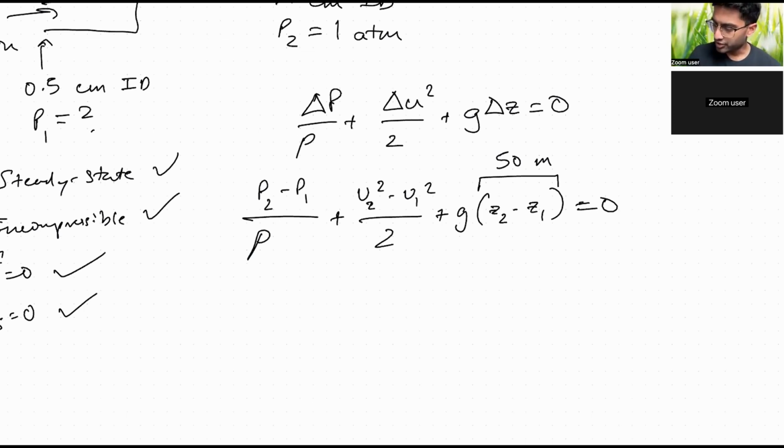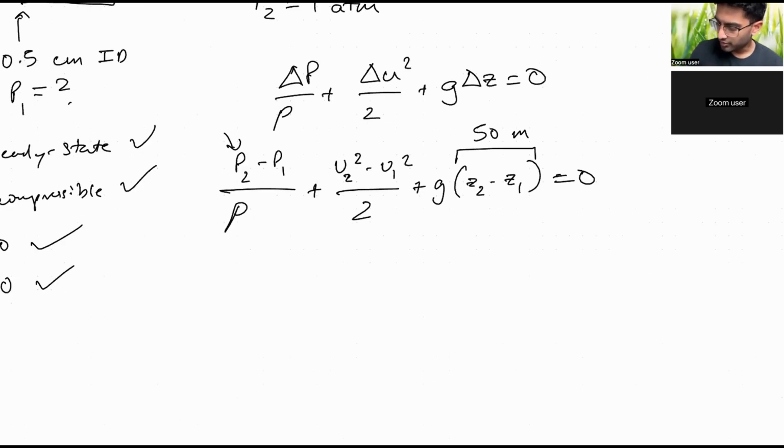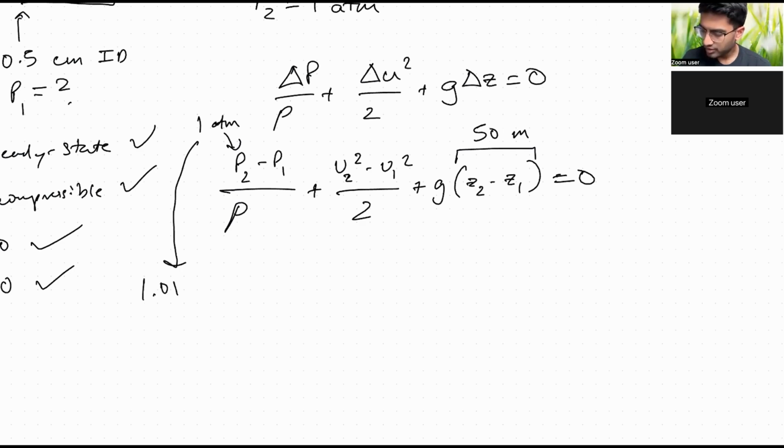We know that our pressure coming out the outlet, P2, is 1 atmosphere. Since we want to put this in SI units, we should convert this atmosphere into pascals, which is 1.01325 times 10 to the 5th pascals.